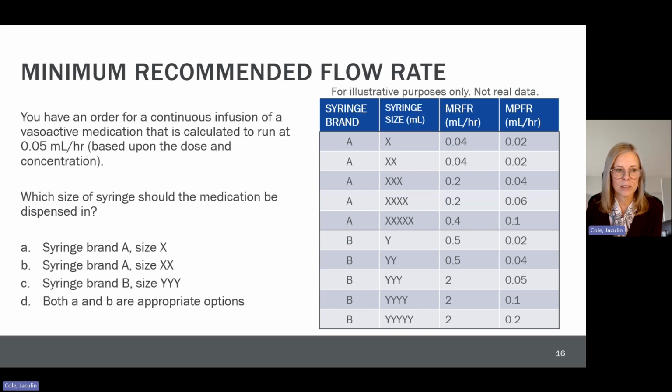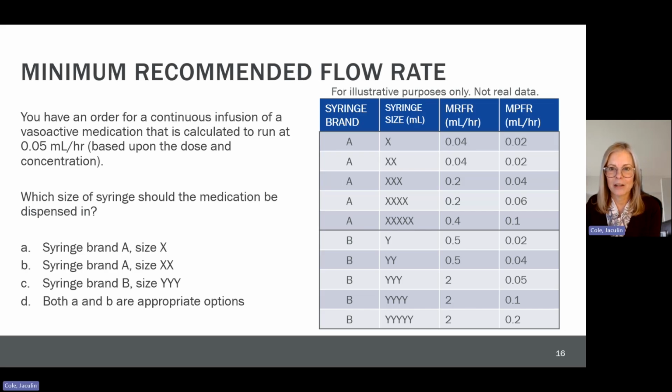Should it be dispensed in syringe brand A, size X, syringe brand A, size XX, or syringe brand B, size YYY, or both A and B are appropriate options? So you can put your answer in the chat. A couple minutes to sort of read through that.